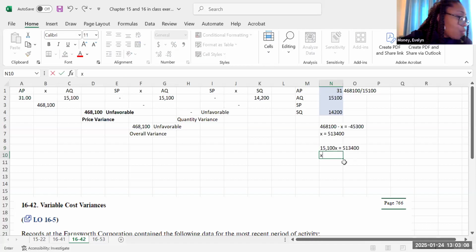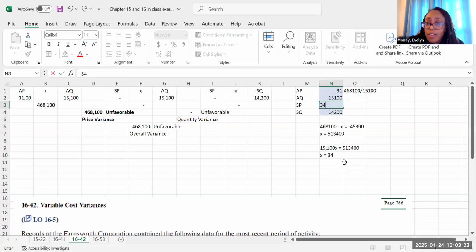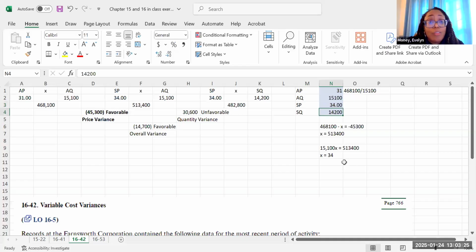And when I solve for X, that's how I find my standard price of 34. And when I'm solving for X, I just end up dividing both sides by 15,100. So that 34 now gives me my missing piece, and I can fill out the rest of my table.